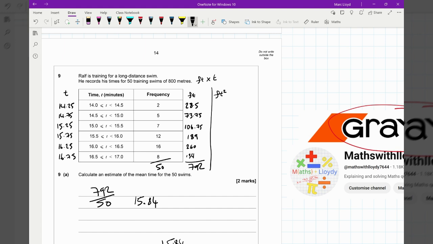So 28.5 times by 14.25 is 406.125. 73.75 times by 14.75, 1087.8125.